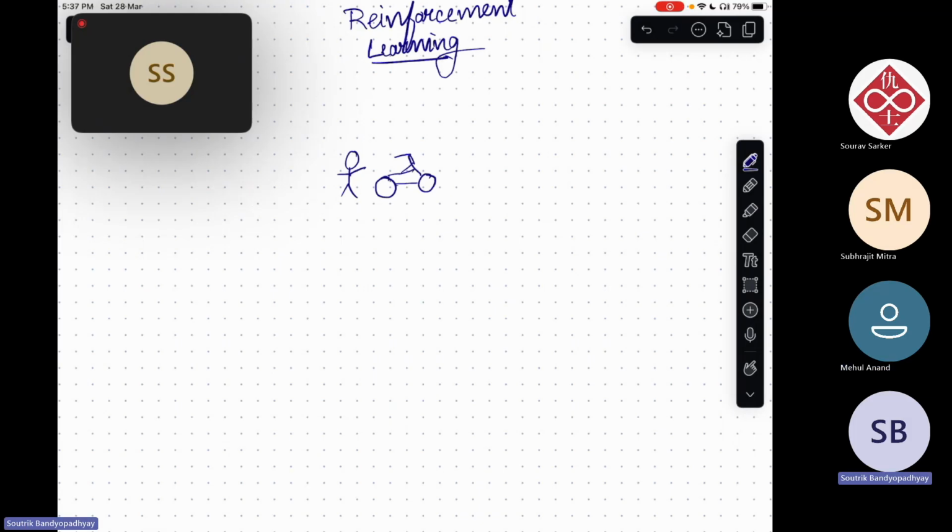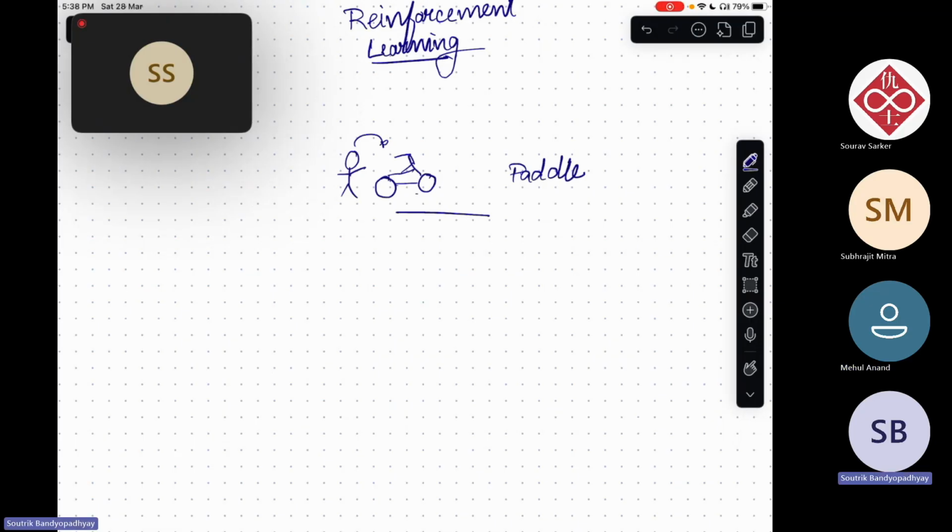So you first jump on the bicycle, and then you randomly provide some inputs with your limbs. For example, you want to paddle somewhat, and based on what you do, this bicycle may end up falling down, right?